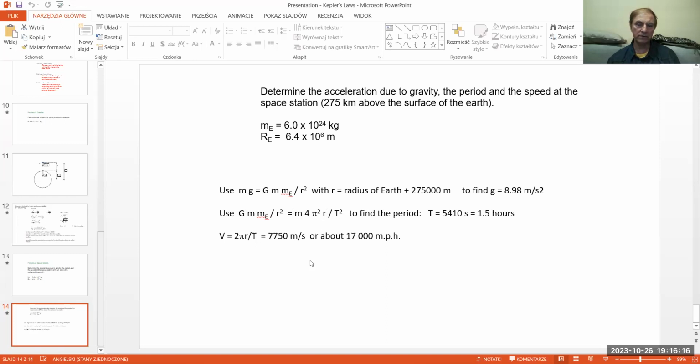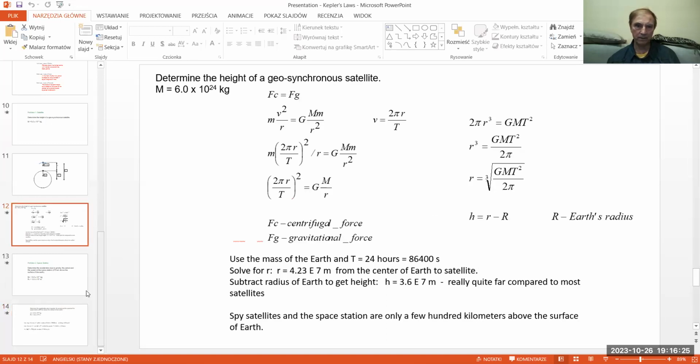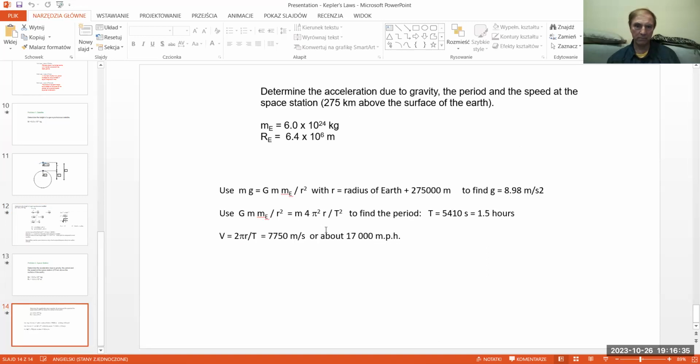But the only difference is that instead of v, we have 2 pi r divided by T. We are taking this one instead of v, and then after plugging in to the centripetal force formula, we'll get this form.